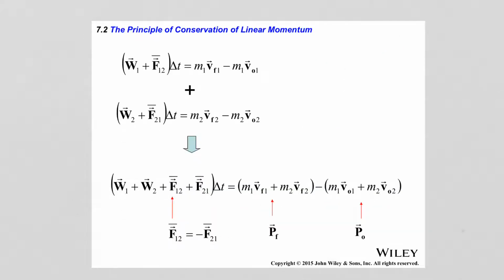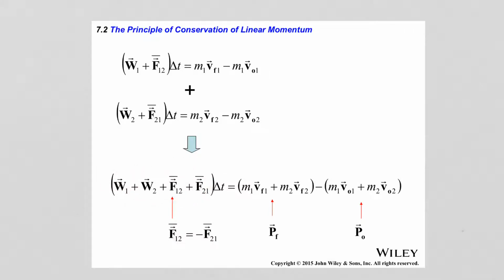Let's combine the two equations. Let's add them together. So the entire system now is a subject of four forces: the weight of sphere number 1, the weight of sphere number 2, the force with which sphere 2 acts on sphere 1, and the force with which sphere 1 acts on sphere 2. That is the net force for the entire system.